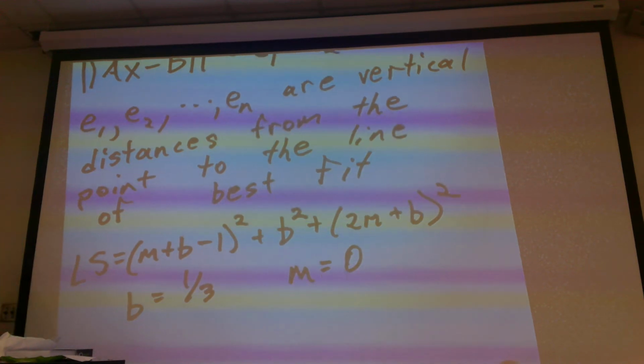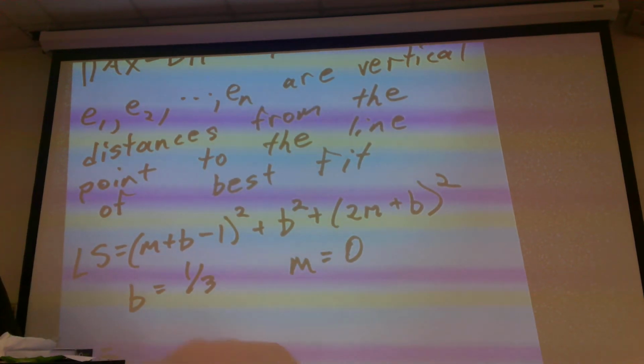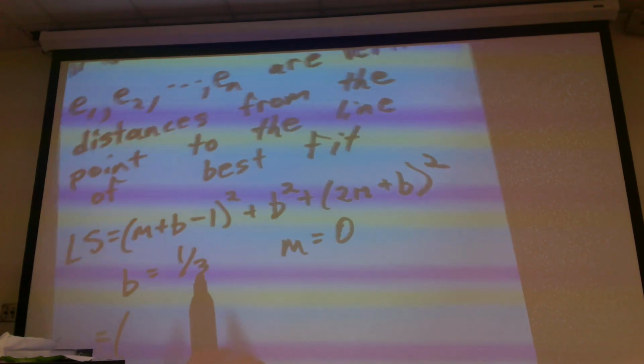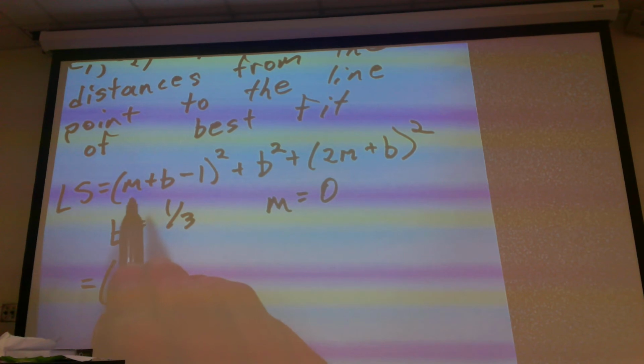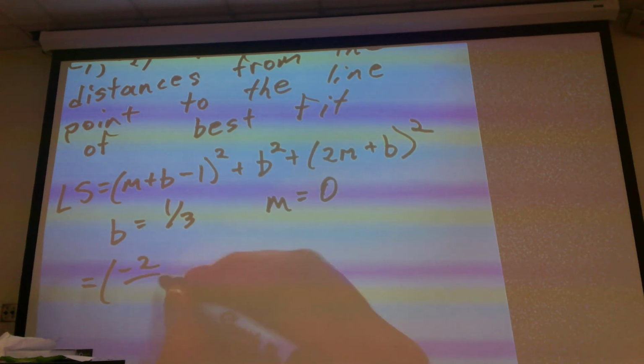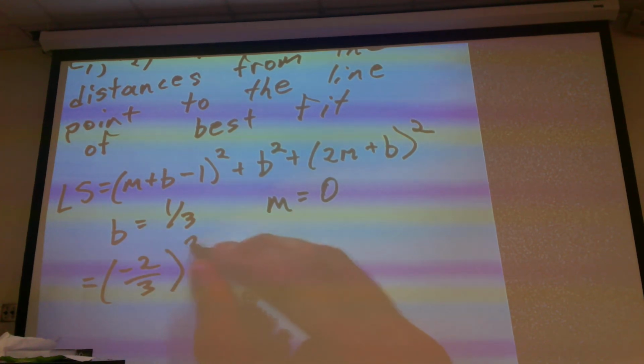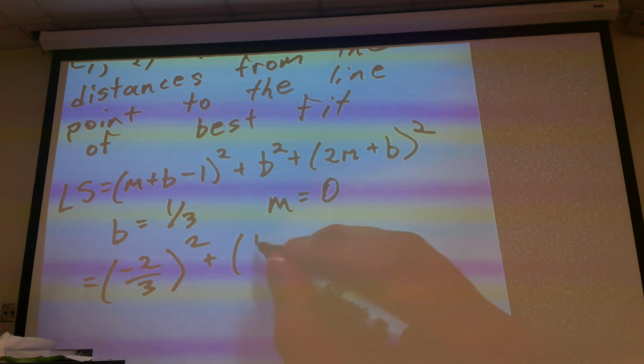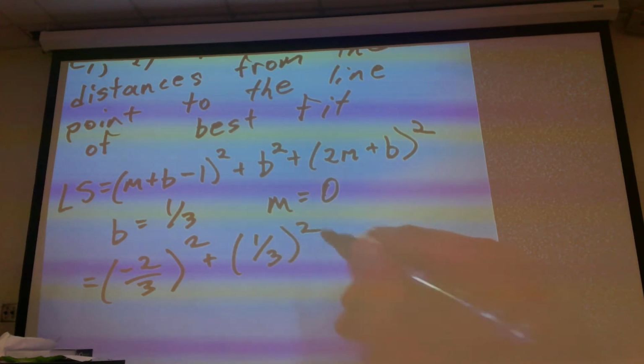Okay. So if I plug 0 and 1/3 into this guy right here, 0, I don't care about that, okay? 1/3 minus 1 is negative 2/3 squared, and this is going to be 1/3 squared.